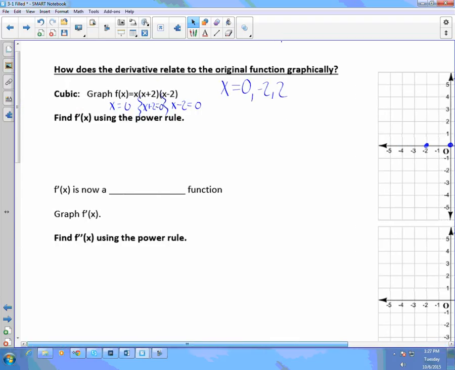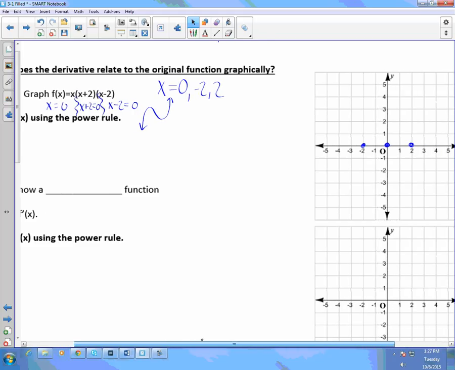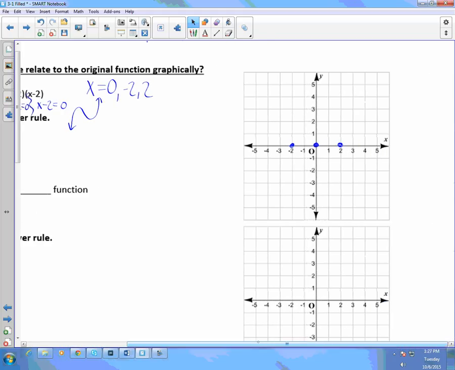What else do we know about this graph? What does the graph look like? Kind of like an S shape, like that. Okay, so we have this shape.